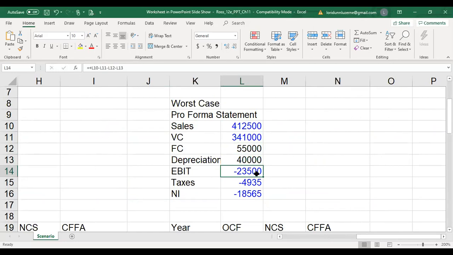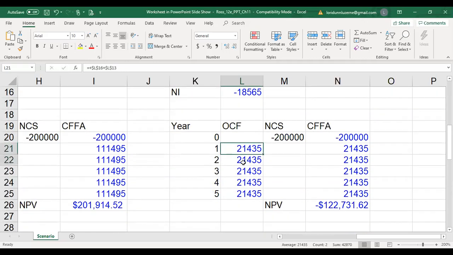Wow, negative 23,500. Taxes would decrease our loss by 21% to 18,565. Now, 40,000 minus 18,565 gives us cash flow of 21,435. Take a look at that net present value, negative 122,732.